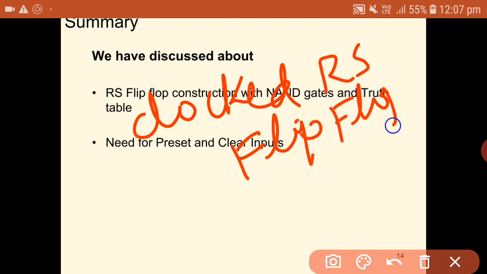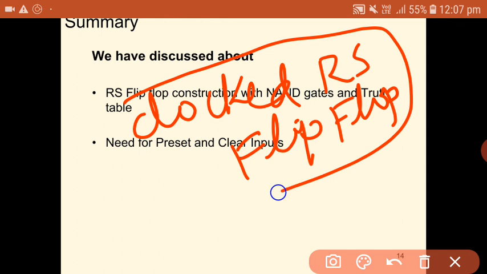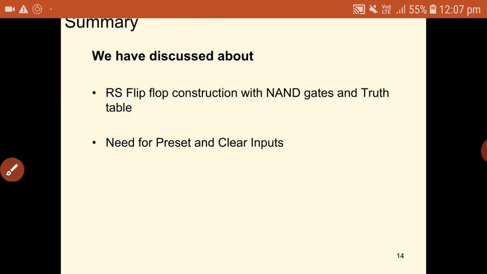In addition to that, we have also discussed the need for preset and clear inputs. In order to make the output of the flip-flop equal to 0 or 1, we can apply preset and clear inputs irrespective of the application of clock pulse and irrespective of the inputs of the flip-flop.